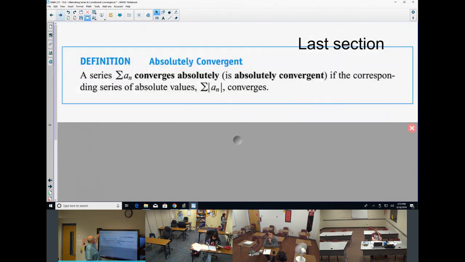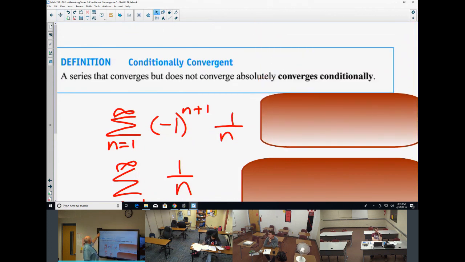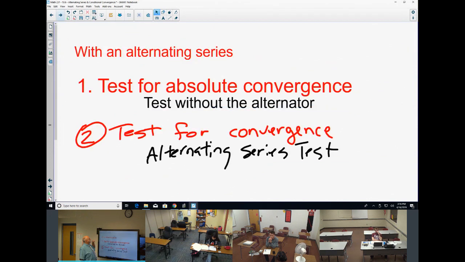Okay, so last section we learned that if the absolute value converges, so if it converges absolutely, it converges in general. All right. So when you have an alternating series, then to test for absolute convergence, you test without the alternator.